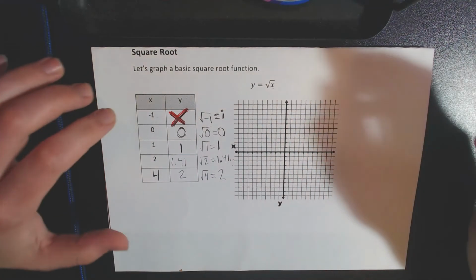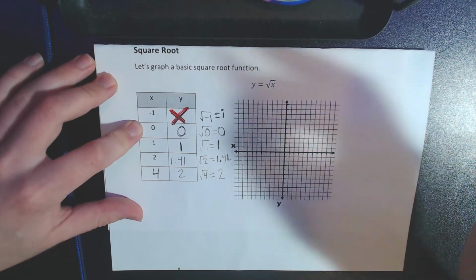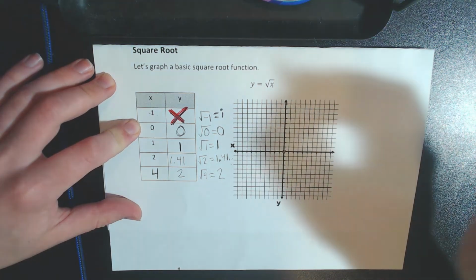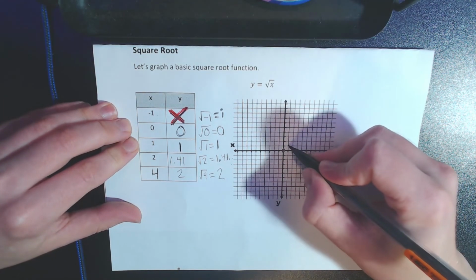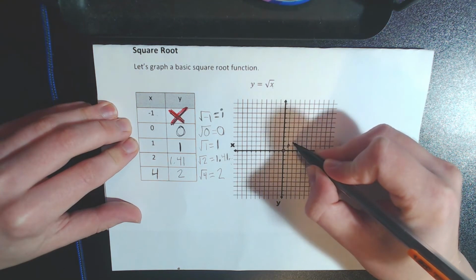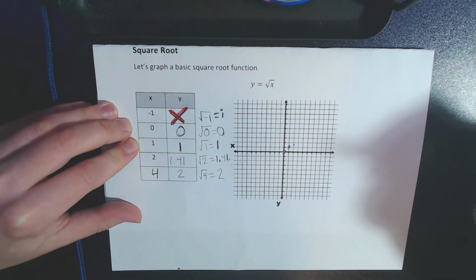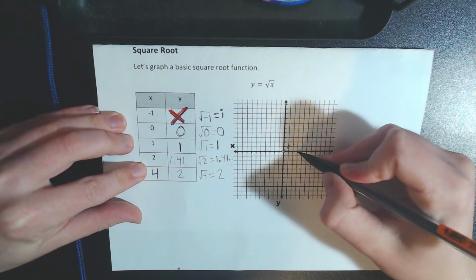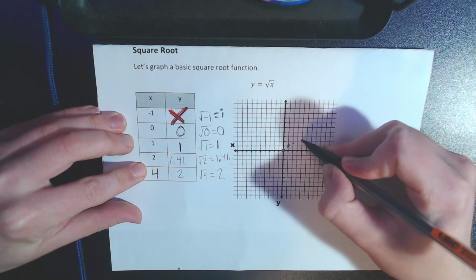Okay, so let's plot our points. -1 didn't make sense, so it looks like we're at 0, 0 first. Then we're at 1, 1. 2 was a decimal, about 1.4, so kind of part way there. And then 4 was at 2: 1, 2, 3, 4. We're up at 2.